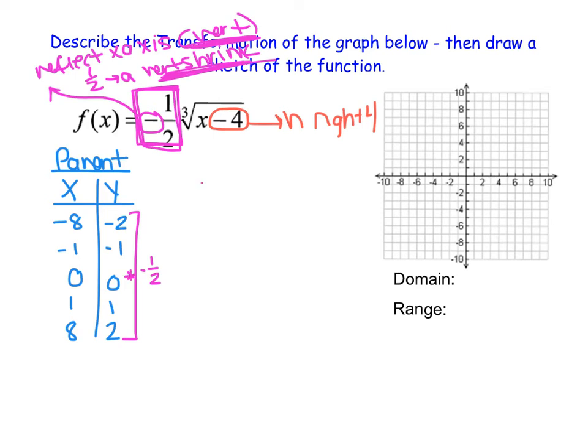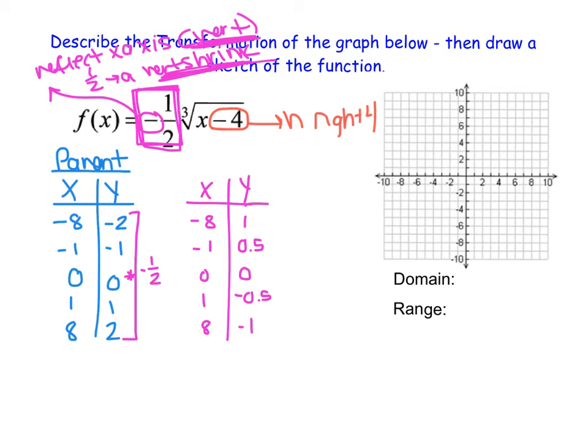So as I do that, I'm going to produce a new table with y values that are shrunk down and reflected. So if I multiply -2 by -1/2, I get 1. Here I get 0.5, 0, -0.5, and -1. And I haven't changed my x values, so those all stay the same.